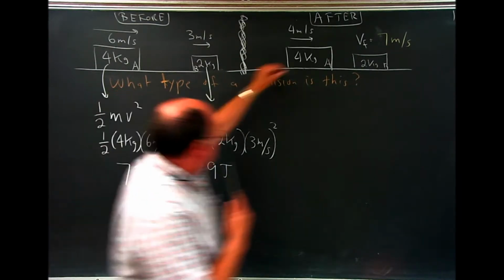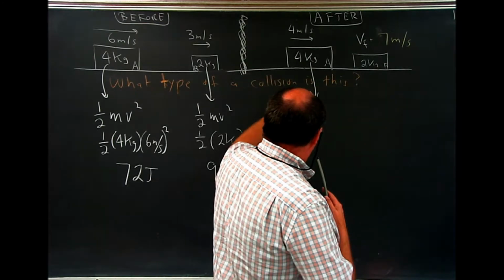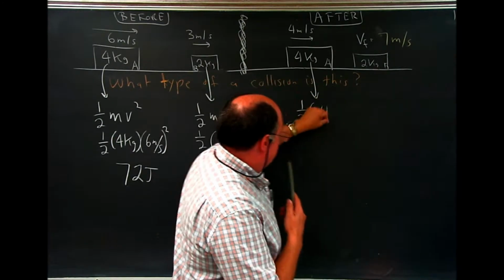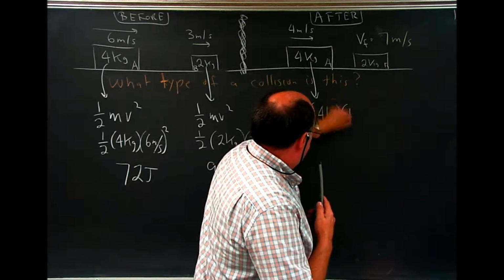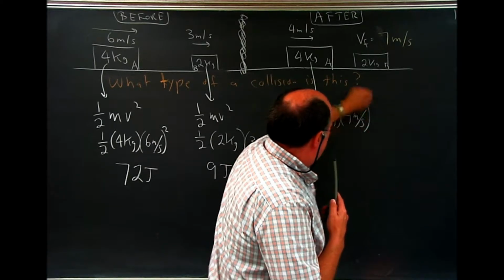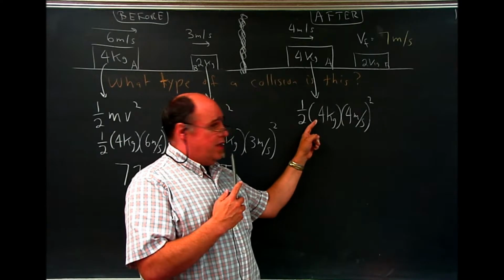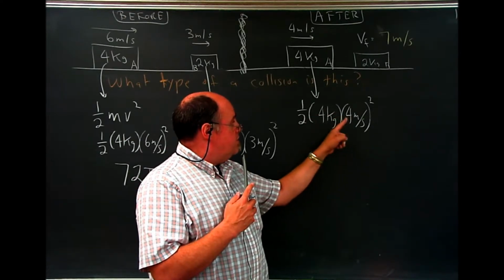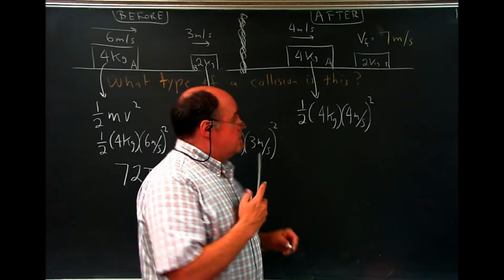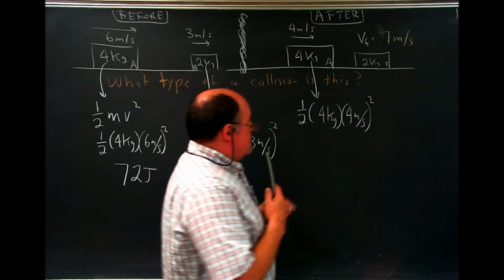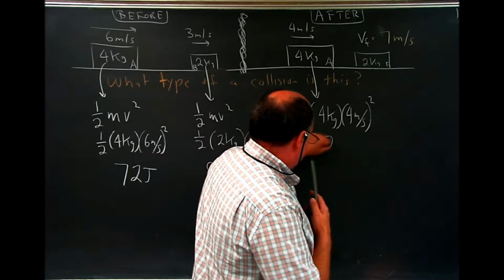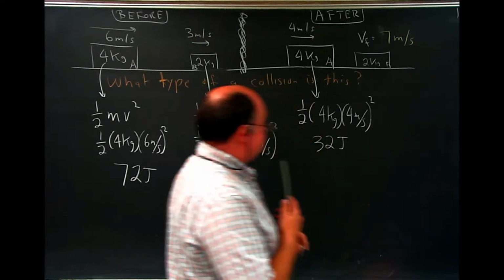Okay, and the kinetic energy of this piece right here would be 1/2. The mass of it is 4 kilograms, and we're going to have a speed of 4 meters per second. We square that, so 1/2 times 4 is 2, 2 times 4 squared, and 4 squared is 16. So 2 times 16 is 32. So this is 32 joules of kinetic energy.